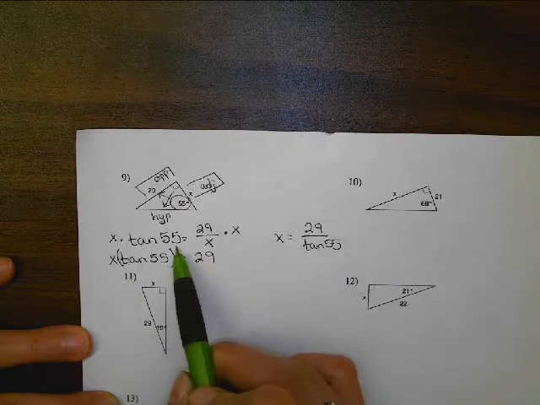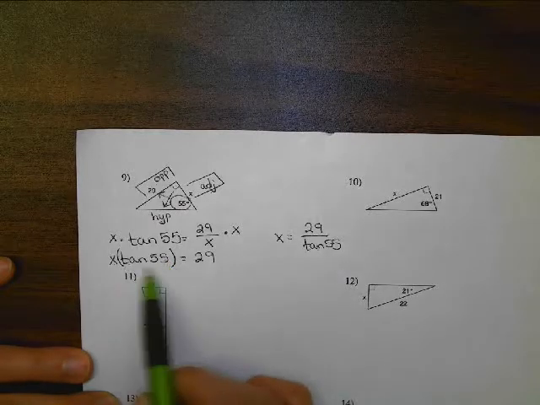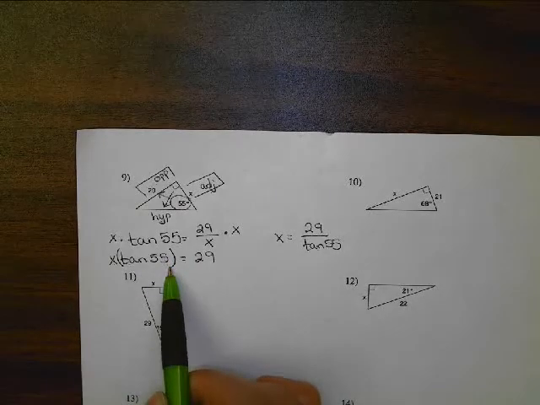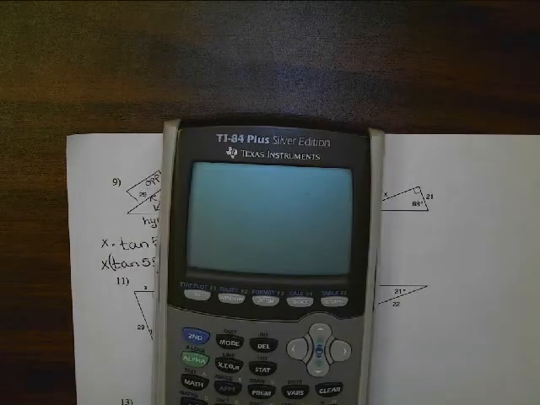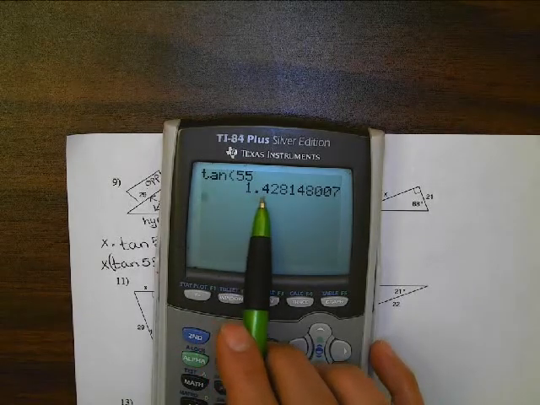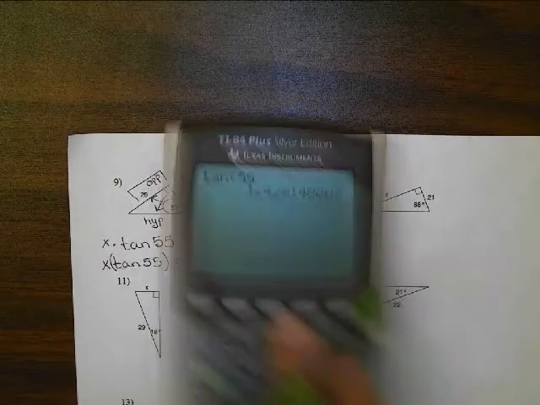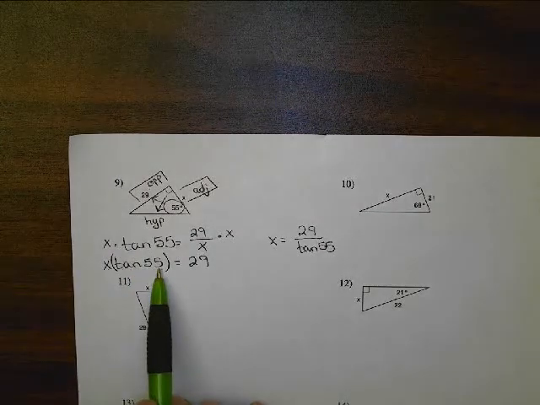So don't just take the 55 as the number. I know you guys are used to that, but now you got to take the whole ratio, because really the tangent of 55 is a number. If I typed in tangent of 55 in my calculator, I get a number out. It's 1.428. So if you wanted, you could substitute that in and put 1.428 here.